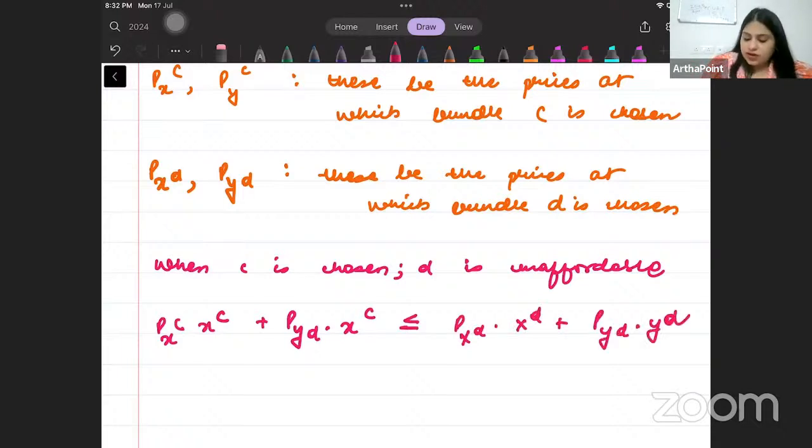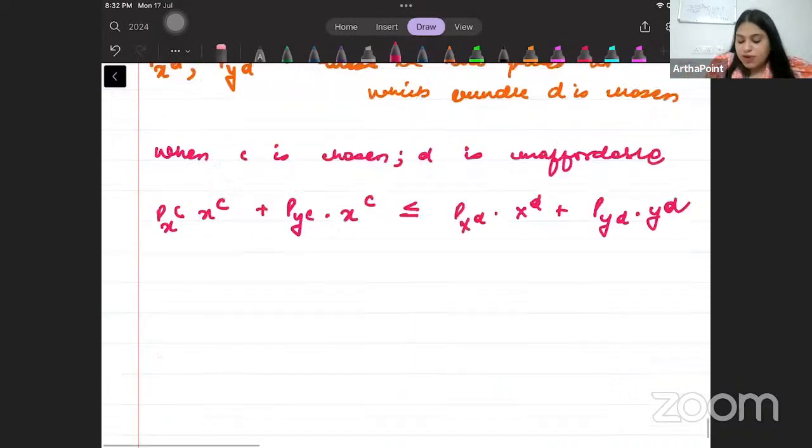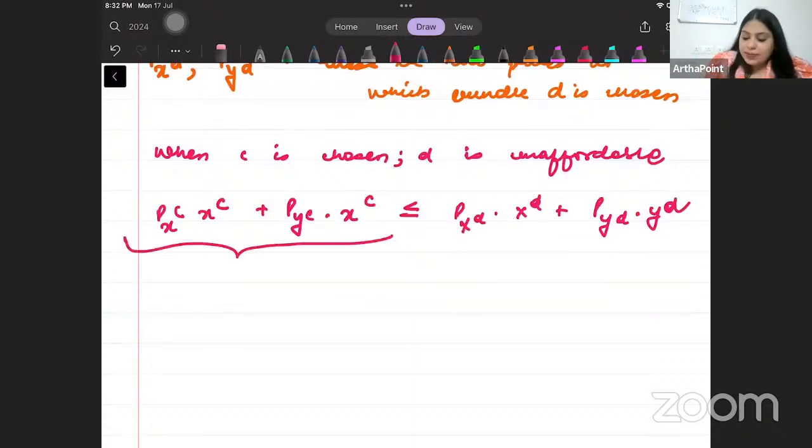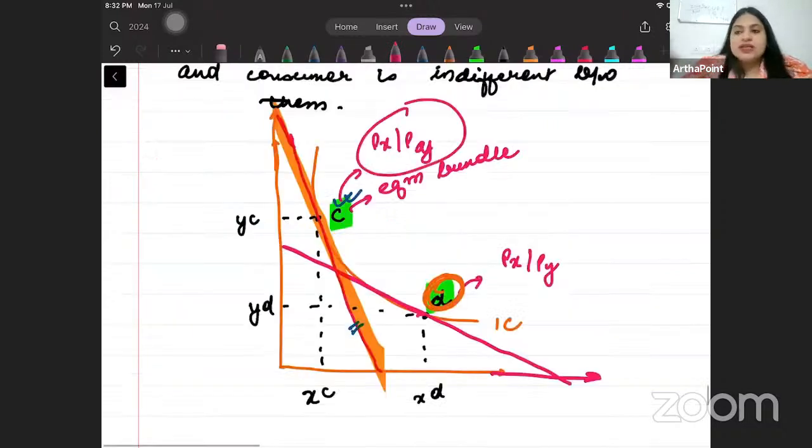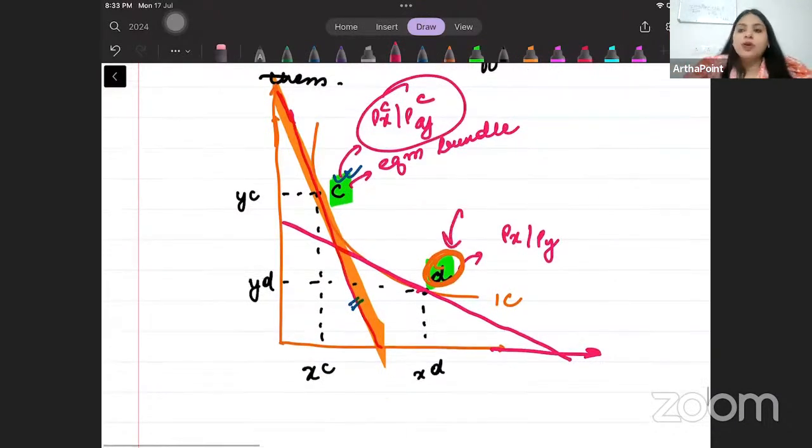Here you can go ahead and write C. This is the expenditure on bundle C at the prices of C. This is the expenditure on bundle D at the prices of C. Sorry, here you will have C. So at this price ratio of PCX and PCY, D is unaffordable.